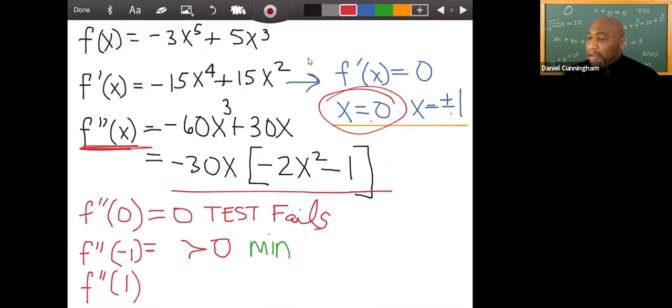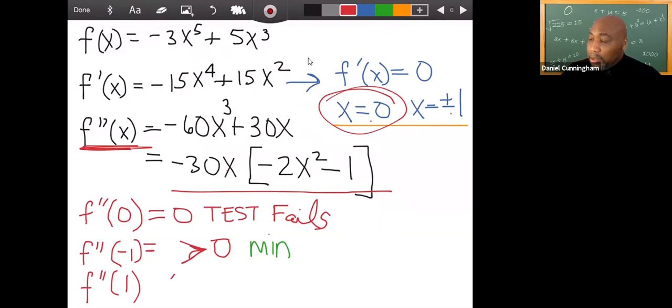It gives me a negative number plus that. And excuse me real quick, guys. This actually, the first one, the negative one, excuse me, will actually give me a number greater than 0, like I said before, which is a min.